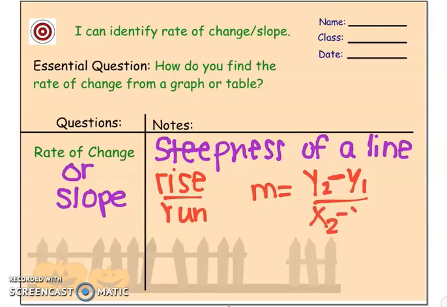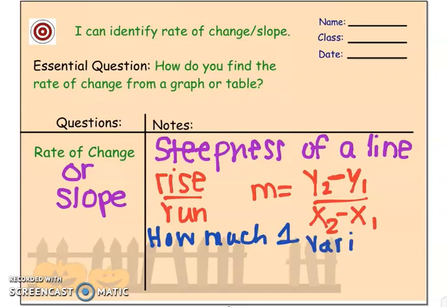x-coordinates on the bottom. So now we're going to work with rate of change, and the rate of change is how much one variable changes in regards to another. So how much one variable changes in respect to another.